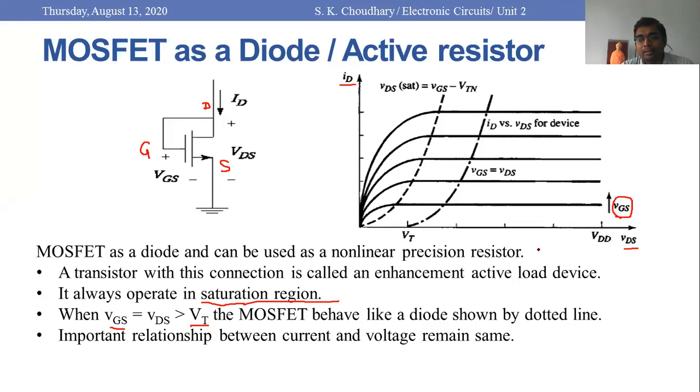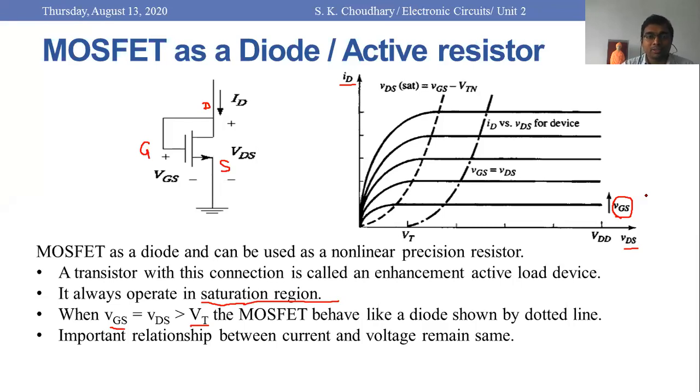As VGS increases, the value of ID increases. When VGS is less than VT, the threshold voltage, this structure acts in the cutoff region and current is 0. But as VGS is greater than threshold, it behaves like a diode, or you can say it directly operates in the saturation region.